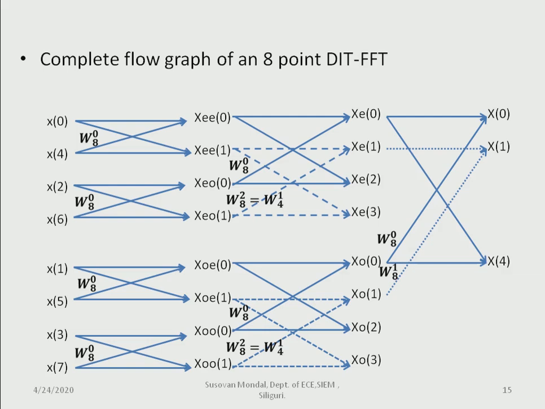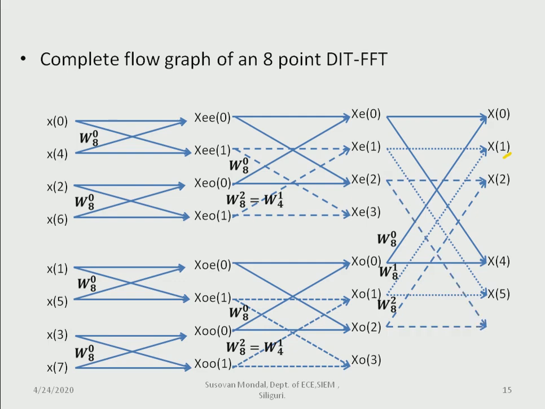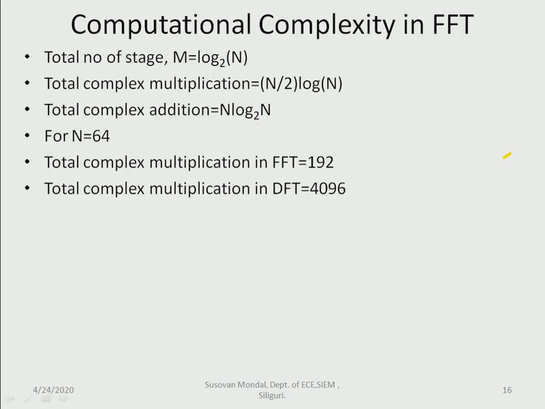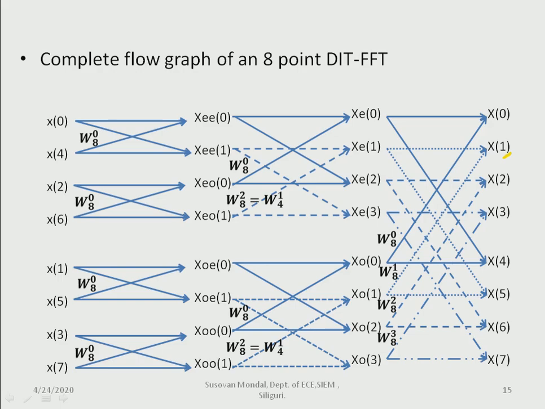Similarly, along with x of 1 we can calculate x of 5, along with x of 2 you can derive x of 6, and x of 3 then x of 7. So this is a complete butterfly diagram of an 8-point DIT FFT.